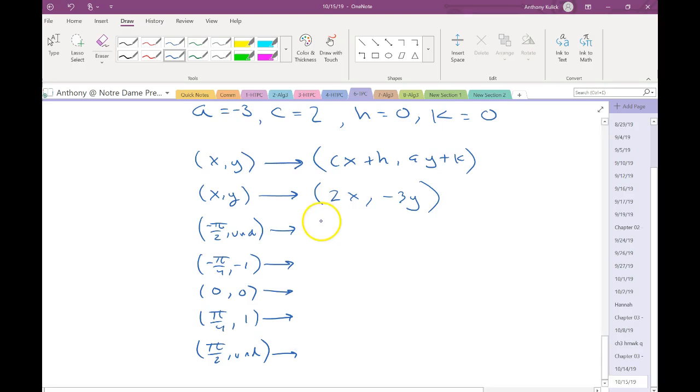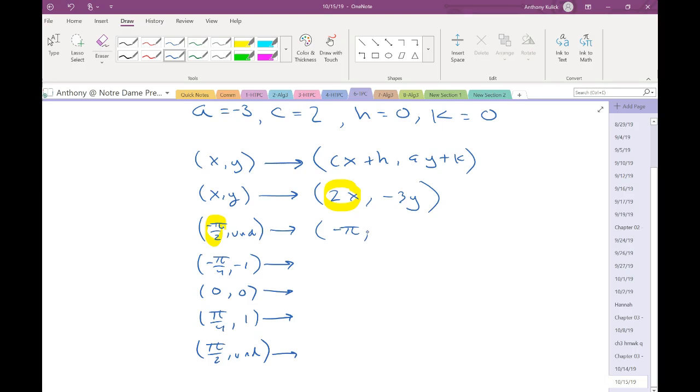So if I transform my first point, what's my new x-coordinate going to be? Yeah, it's going to be negative pi over 2 times 2, which gives me negative pi. Okay? And what do I get if I take undefined and multiply it by -3?